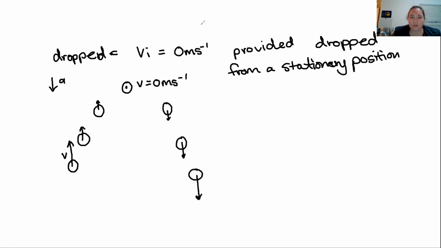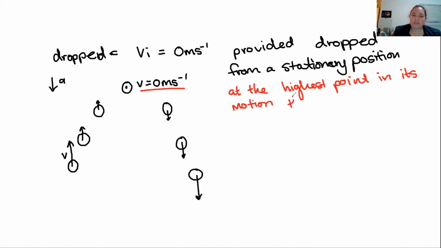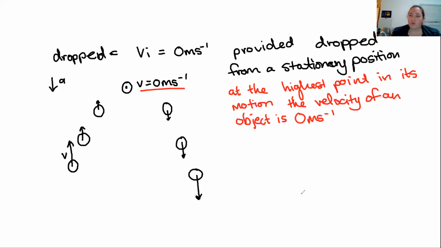Okay, so the most important thing here probably is that at the highest point in its motion or above the ground, the velocity of an object is 0 meters per second. You can almost view it as having temporarily stopped. It moves up and then it moves down.